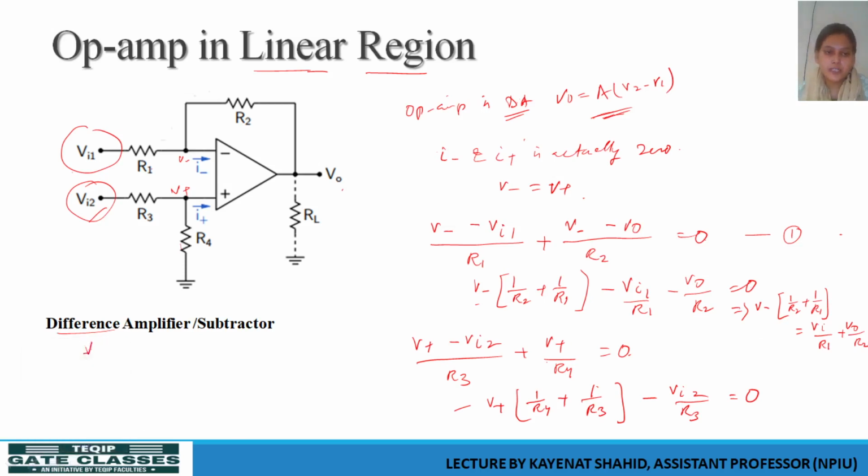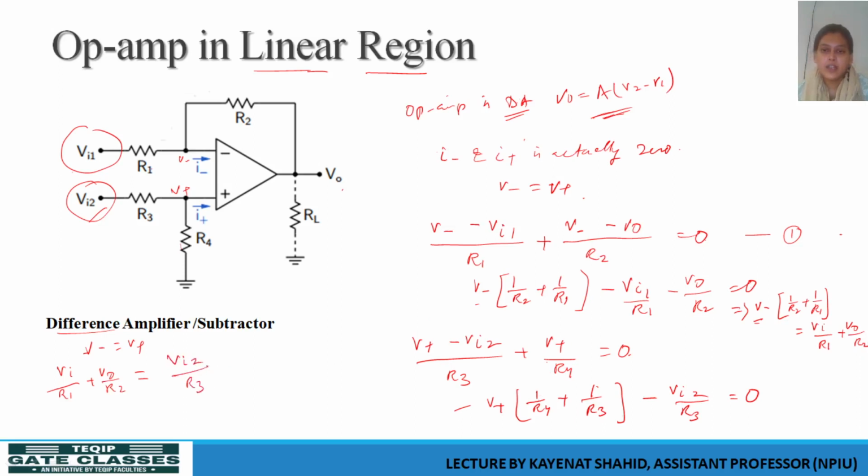If we are saying V minus is equal to V plus, what we have for V minus? We have VI1 by R1 plus VO by R2, and for V plus, we have VI2 by R3.